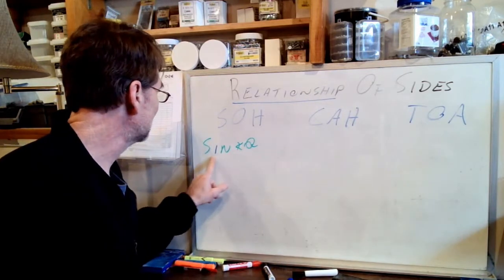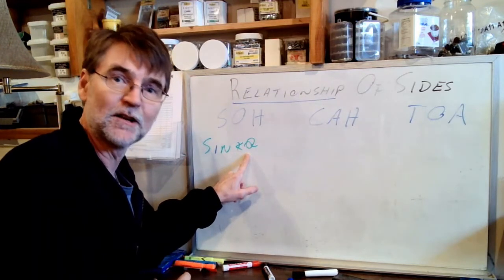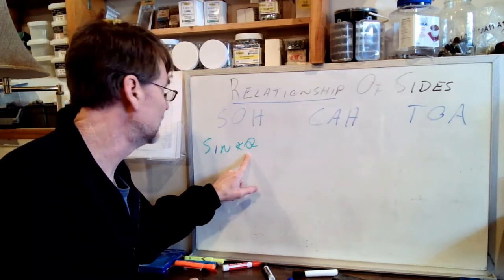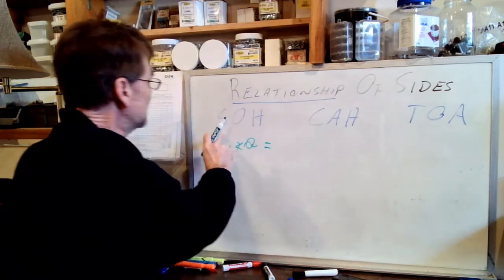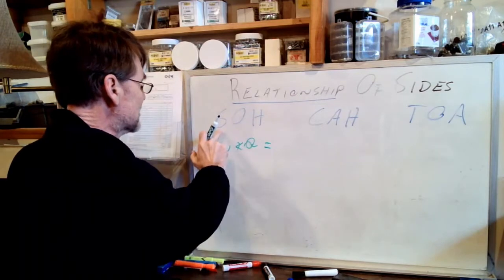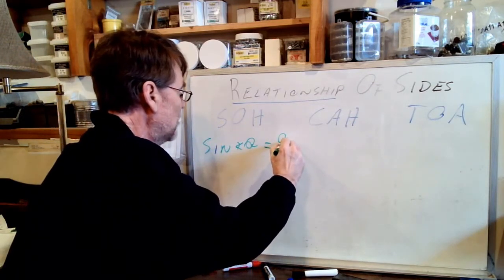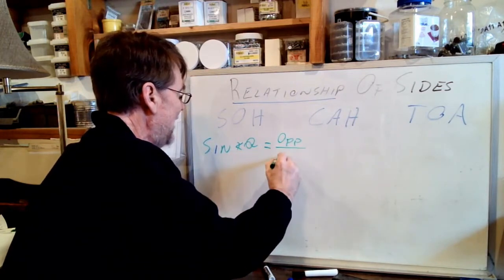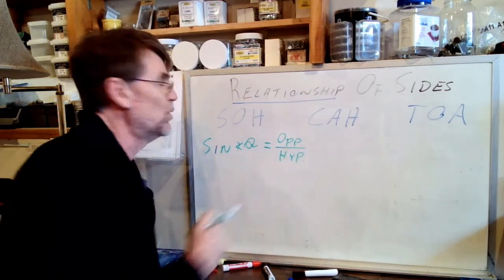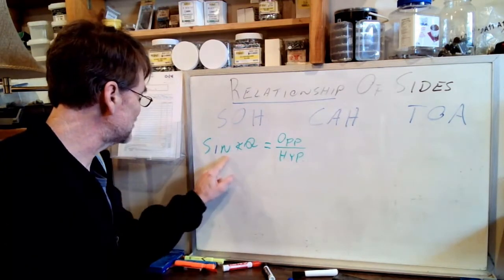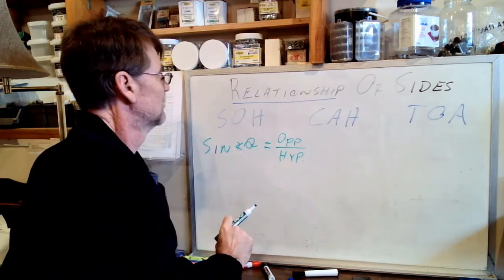So if you calculate the sine of any given angle, 10 degrees, 45 degrees, 85 degrees, it will equal the ratio of, so SOH means the sine of the opposite over the hypotenuse. So if you know the length of the opposite and you divide that by the length of the hypotenuse, it will give you this relationship for that particular angle theta.